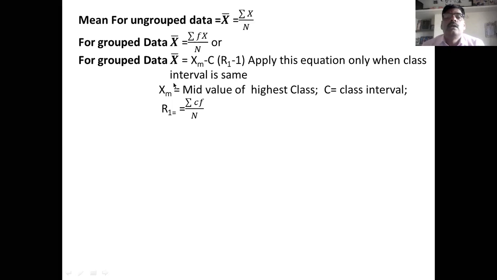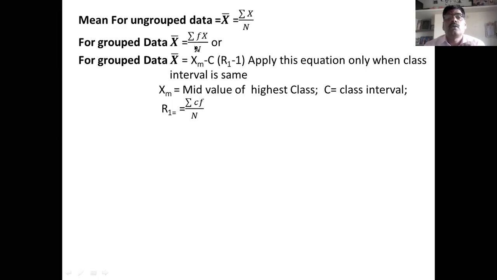For example, in your BCom first sem, there are 7 subjects. You take the total of the 7 subject marks and divide by 7. The total of 7 subjects is summation x, divided by n, the number of subjects. This is for ungrouped data.